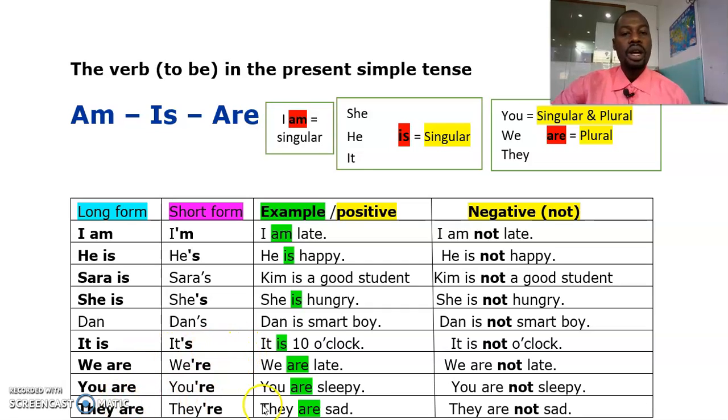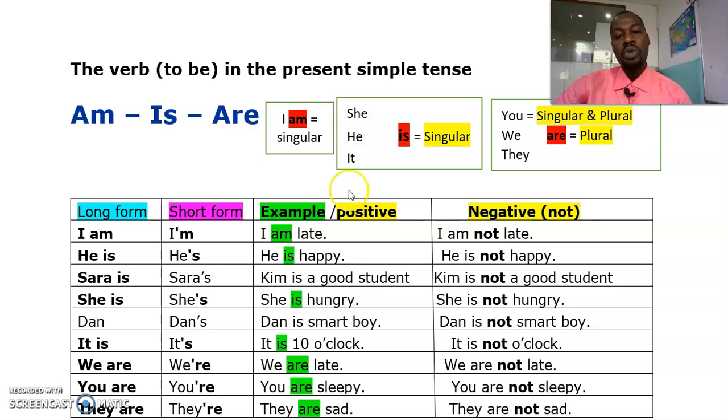They are, they're. So the short forms we mostly use when we're having conversations or speaking to someone. And that is easy to use. You can also use the short forms to stress the words.